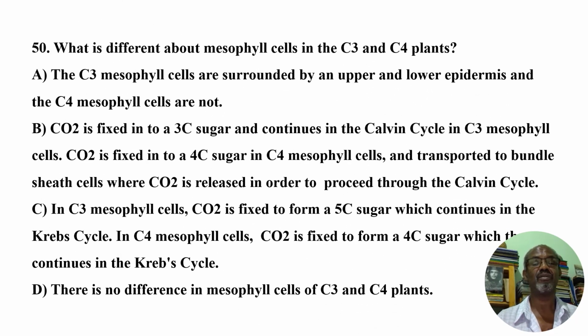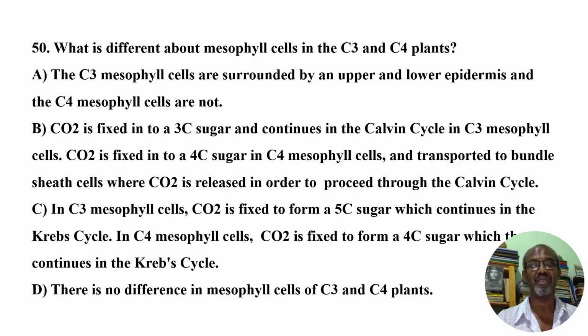What is different about mesophyll cells in C3 and C4 plants? The C3 mesophyll cells are surrounded by an upper and lower epidermis, and the C4 mesophyll cells are not. No. CO2 is fixed into a 3 carbon sugar and continues in the Calvin cycle in C3 mesophyll cells.